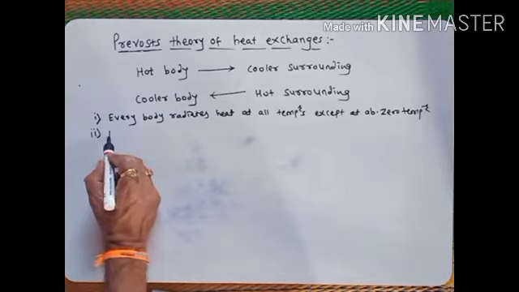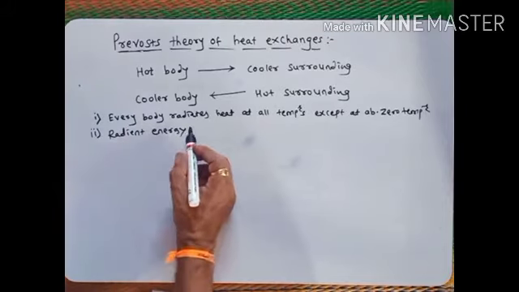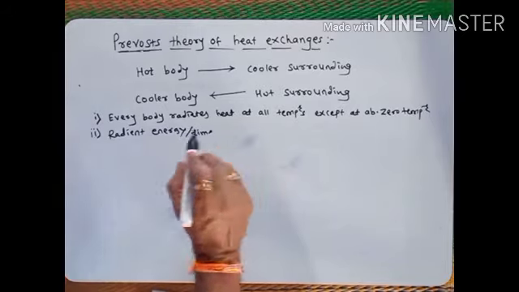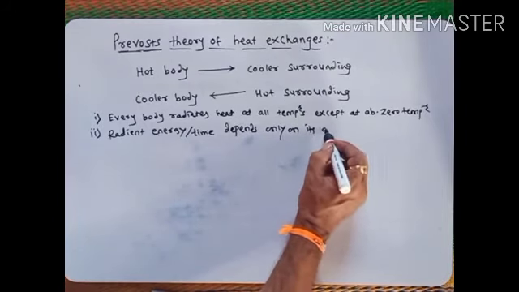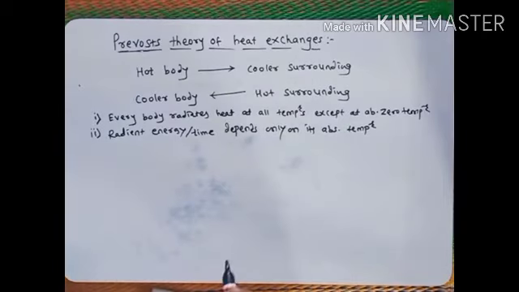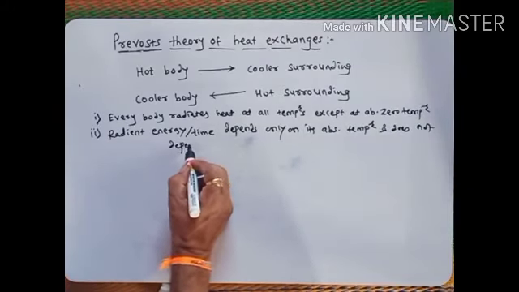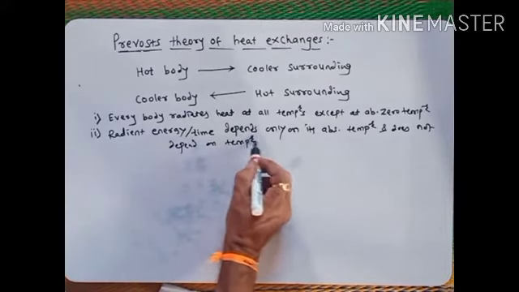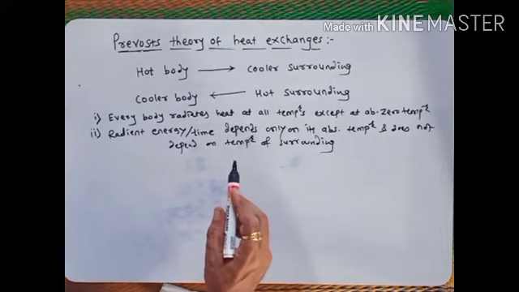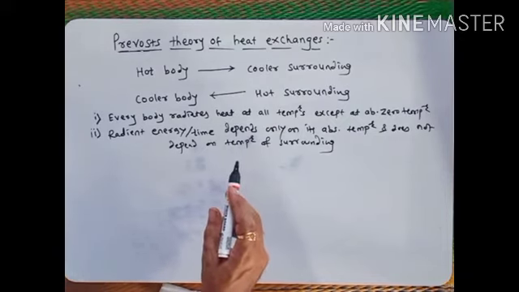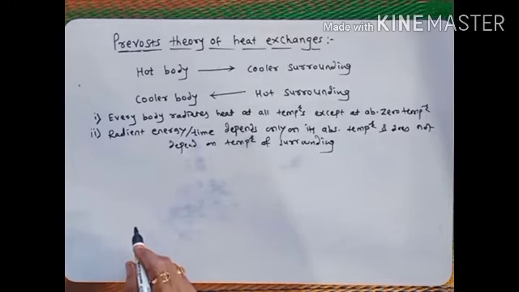Second point, the radiant energy emitted per unit time depends only on its absolute temperature and does not depend on the temperature of the surrounding.